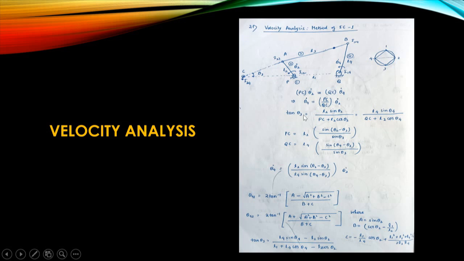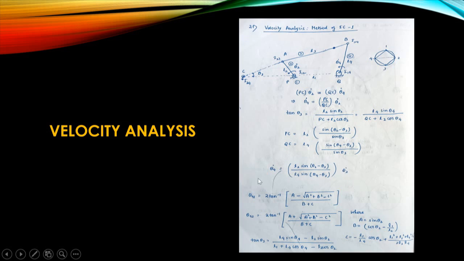You can see tan theta 3 equals L2 sin theta 2 by PC plus L2 cos theta 2, which is also equal to L4 sin theta 4 by QC plus L2 cos theta 4. Here we can substitute the values of PC and QC and find theta 4 dot with respect to the given input theta 2 dot.